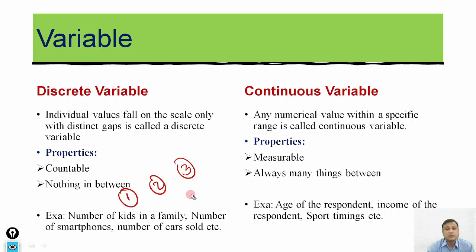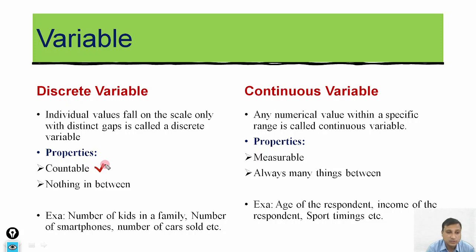If I ask somebody how many smartphones are there in your family, can someone say that in my family I have 4.5 smartphones? No, it is not possible. Either he will say 4 or 3 or 2 or 1. So that is a discrete variable. What is a discrete variable? They are countable. We count them. See, counting is different and measuring is different.